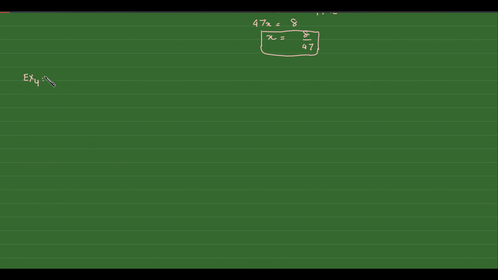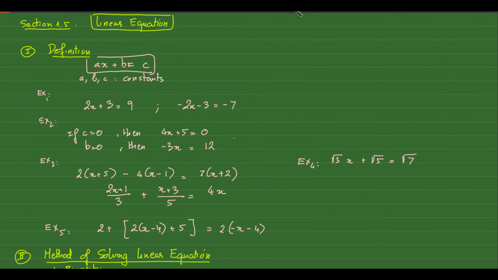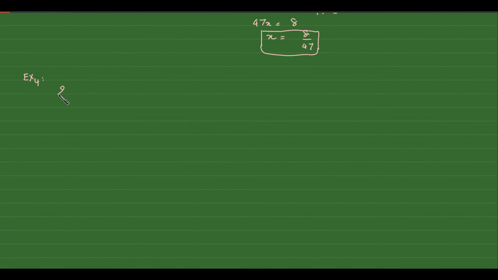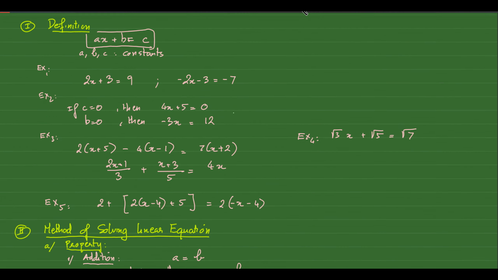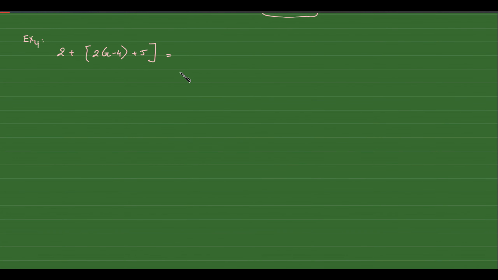Let me see if I remember the question. 2 plus bracket 2x minus 4 plus 5 equals 2 times negative x minus 4.